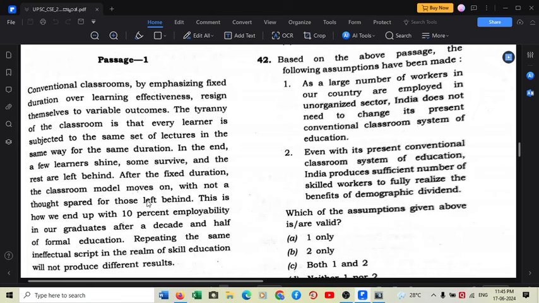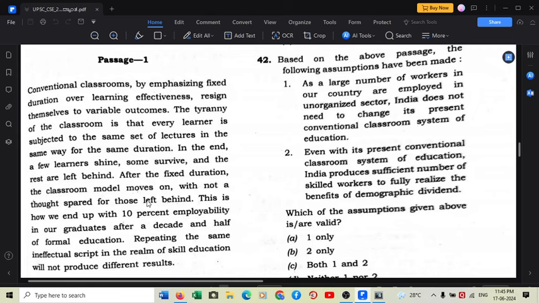If more people are in the unorganized sector, and if we don't change the conventional classroom style of teaching, again the outcome in the future will be the same: few will shine as students and the majority will be left out. They will not be successful, they will be failures in their work career. So definitely it is a derogatory statement, so we cannot even give a reference to the passage. The statement is not the assumption.